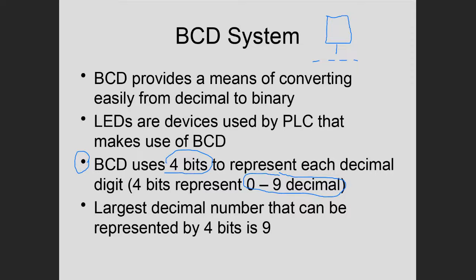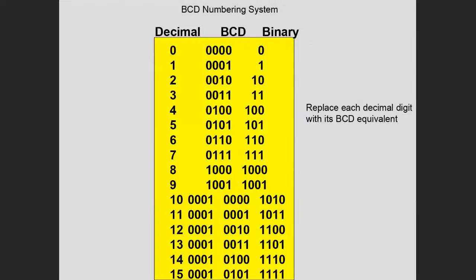If I had another 7-segment display, I can feed it with 4 bits, again, that can display 0 through 9, but now I can count from 0, 0 all the way up to 99. Okay, so let me compare it on this chart and it'll make sense to you. So typically, in decimal, we can count from 0 to 15.